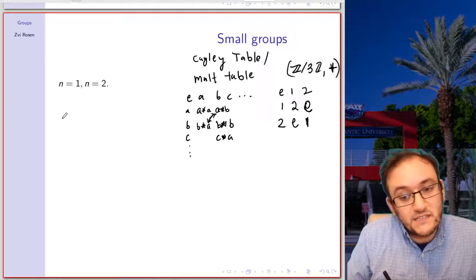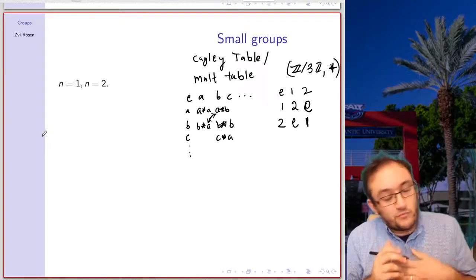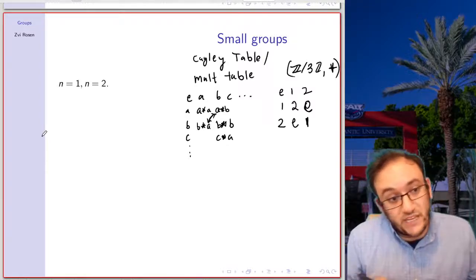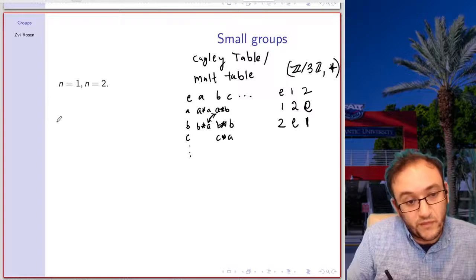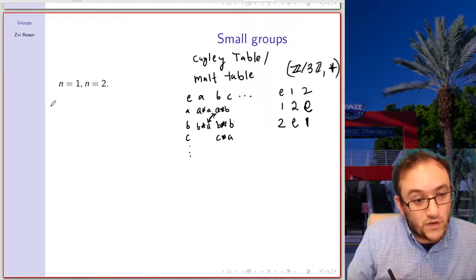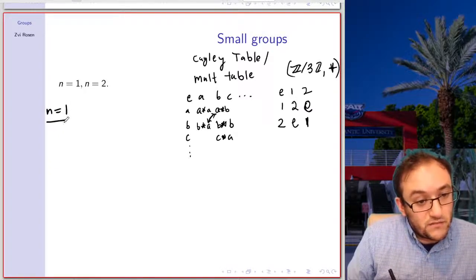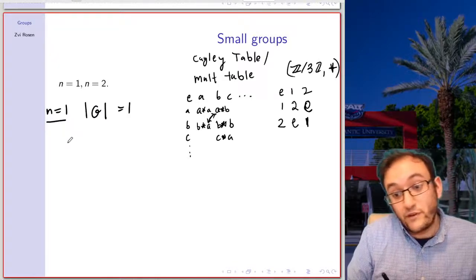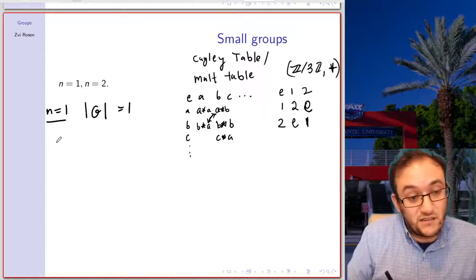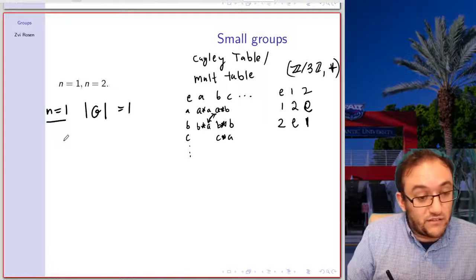Now let's consider, without any foreknowledge of what the group is, what happens if we look for a group of size 1. Well, if the group has size 1, we know that every group has to have an identity element, and that's all that it can be.